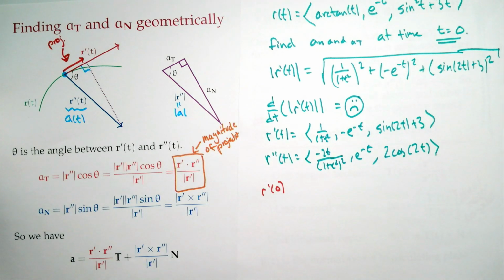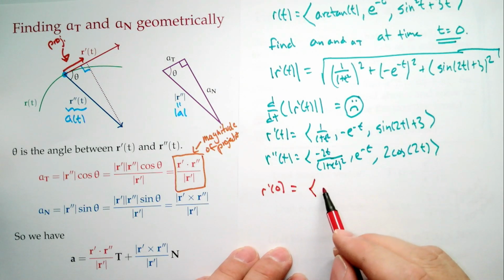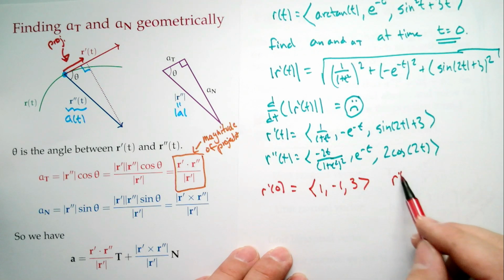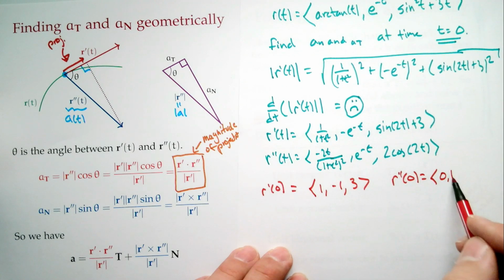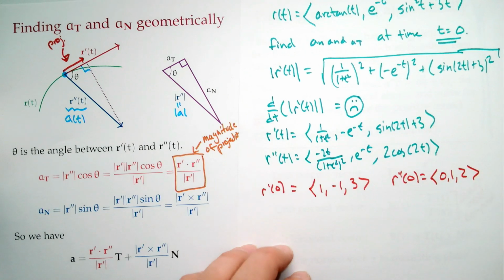The problem with the other approach was, as soon as you possibly can was very late. Here, it's early. So r prime of 0 is 0, 1, negative 1, 3. R double prime of 0 is 0, 1, and 2.